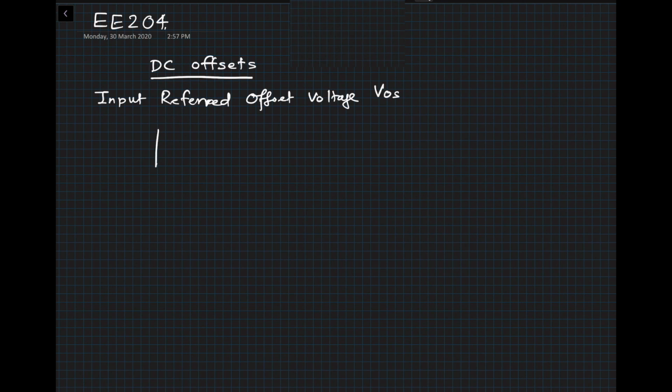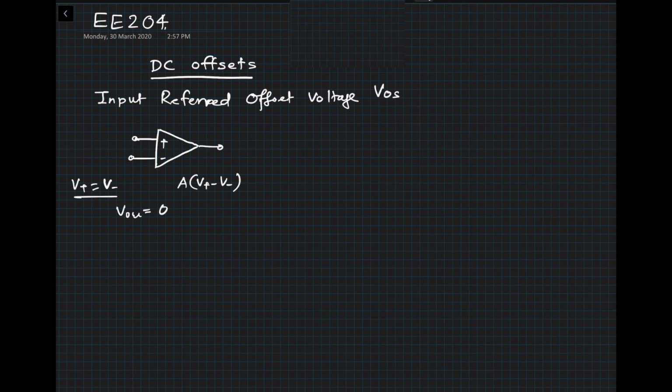Let's say you have an amplifier, plus minus, and you're supposed to get the output. Then what we expect is the output to be A times (V plus minus V minus). Ideally, if both V plus equal to V minus, then output V out should be equal to 0.